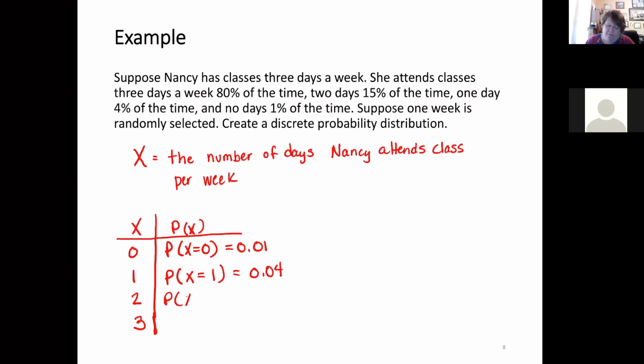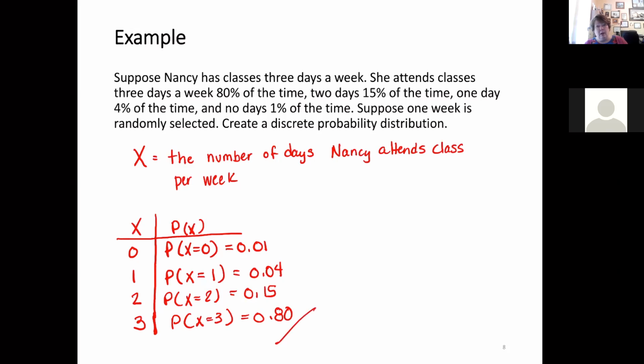2 days a week, was that 15% of the time? And 3 days, that she attends all 3 days, is 0.8, 80% of the time. All right, for this to be a discrete probability distribution, each of these probabilities must be between 0 and 1, which they are, and they have to add up to 100%.